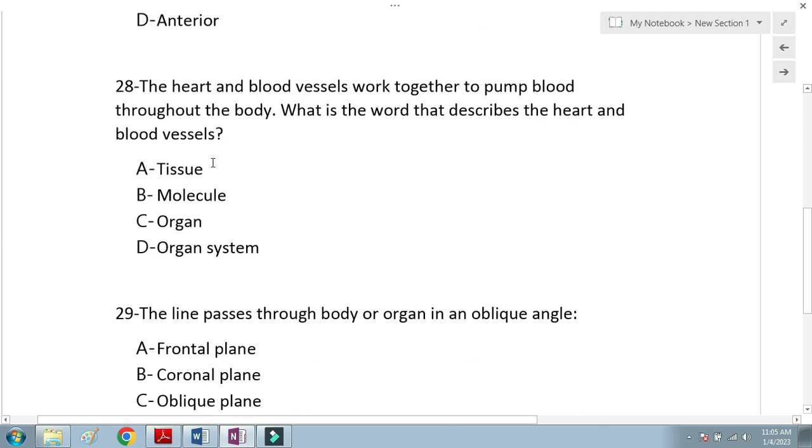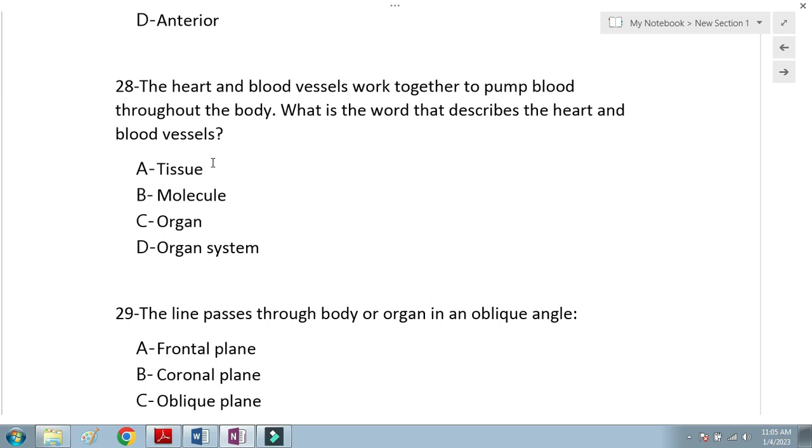Next one: the heart and blood vessels work together to pump blood throughout the body. What is the word that describes the heart and blood vessels?